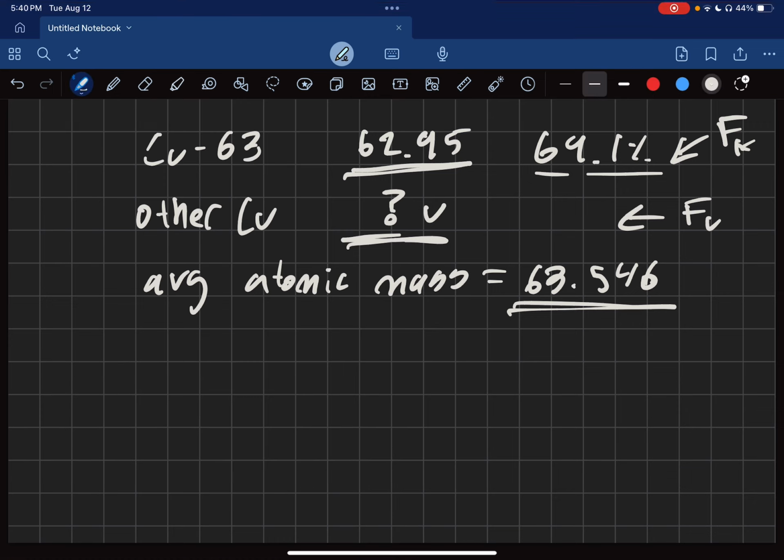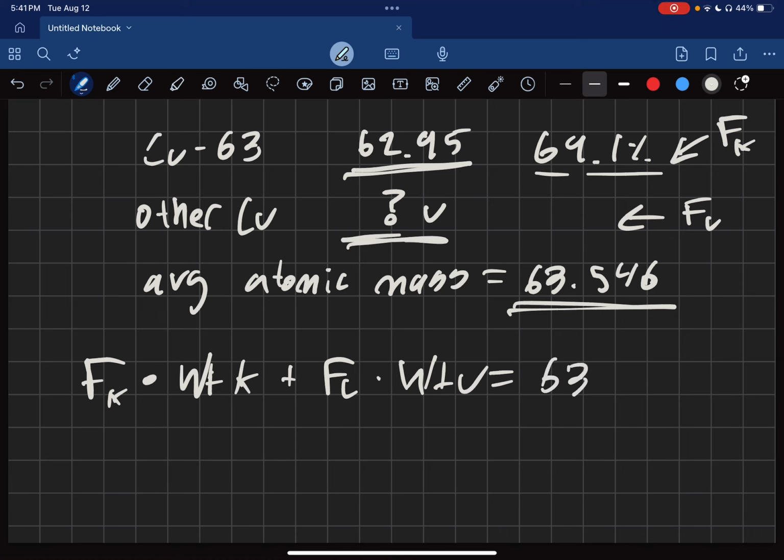Well, let's simply plug in. We'll have the equation FK times weight K plus FU times weight U equals 63.546. FK is 0.691 and weight K is 62.95.